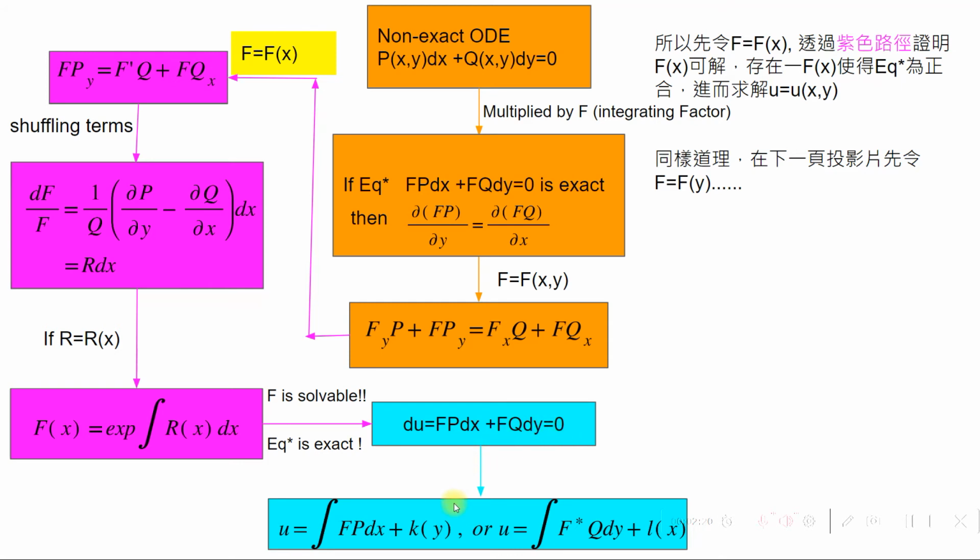And by simply integrating, we get u function equals the integral of f p with respect to x plus k of y, or if you decide to integrate f star q with respect to y, you will get this solution. And don't forget the function L of x, which is the integration constant.